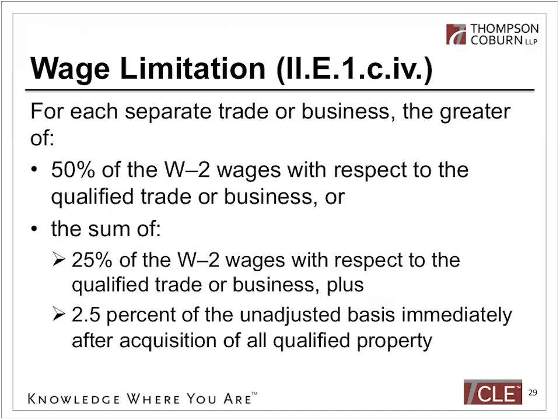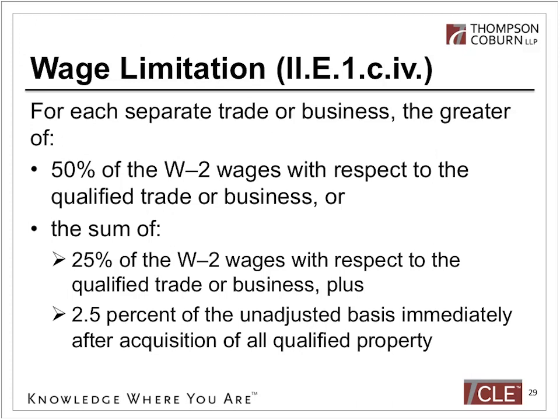The individual taxpayer gets to choose it. 50% of the W-2 wages with respect to the business, or the sum of 25% of the W-2 wages plus 2.5% of the original cost of depreciable property while it's still during its class life.